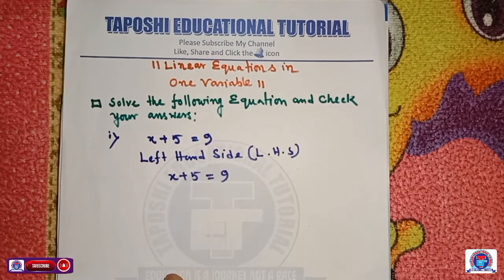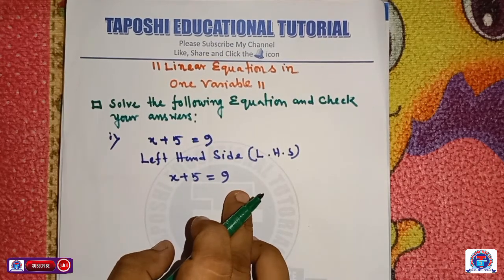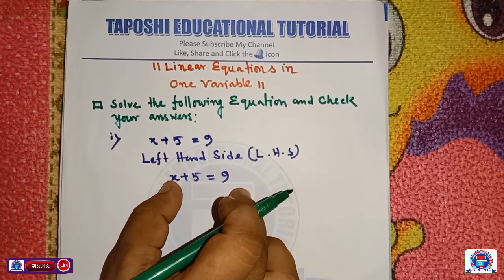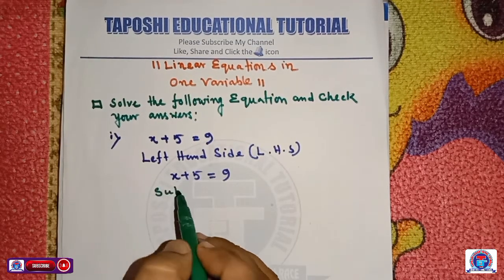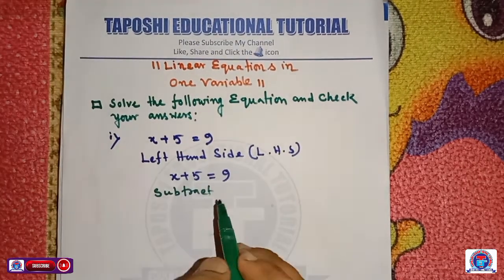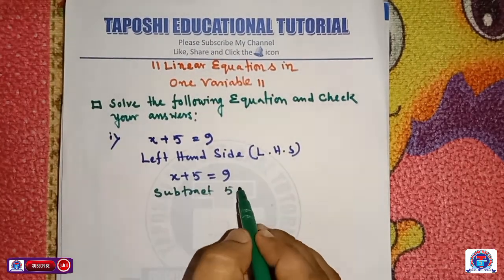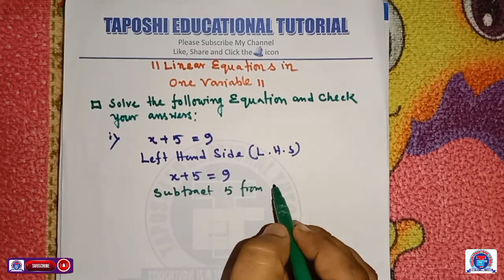Now how to solve this? So we subtract 5 from both sides.